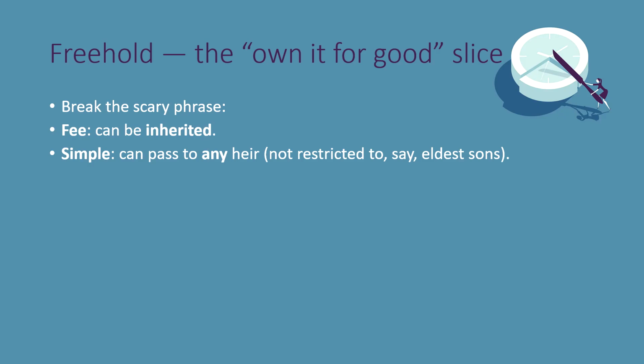You can decide who should be your heir, so it can be sons, daughters, a cousin, a friend, anything really. So there's no restrictions in law really on who can get that ownership.